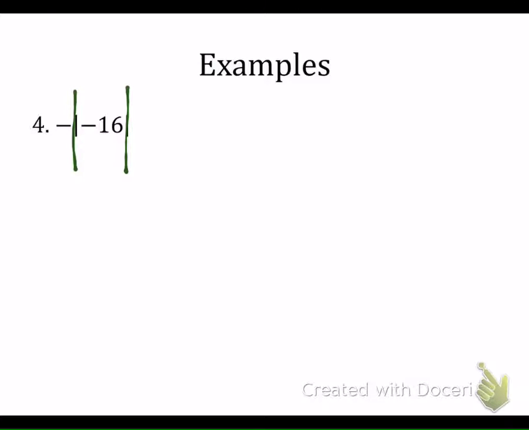You got to do the absolute value part first. So what is the absolute value of negative 16? 16, but you still have this guy out front. So the overall answer here is negative 16. So what's inside the bars becomes a positive. And you got to do that first. And the reason is it's a distance, and distance is never negative.